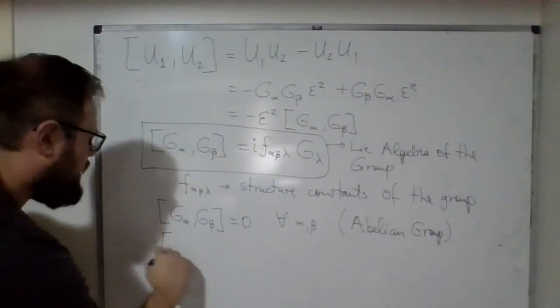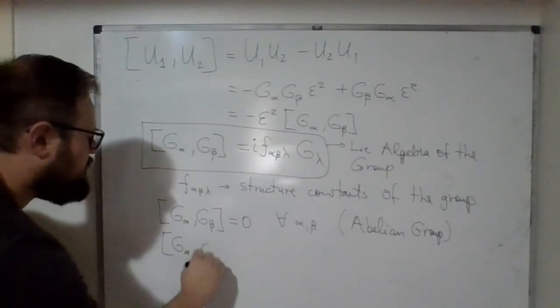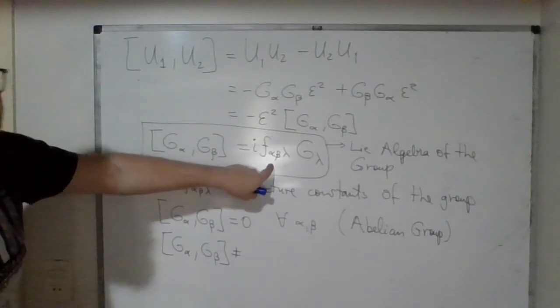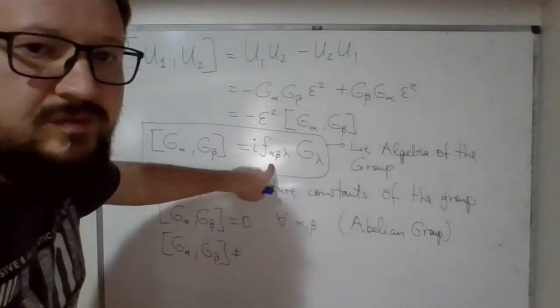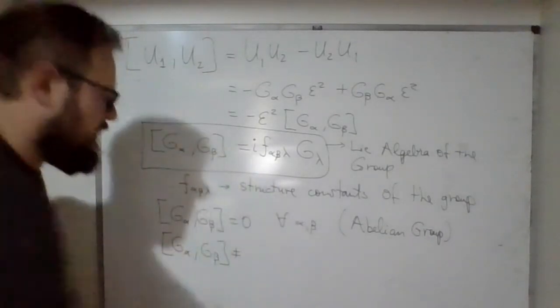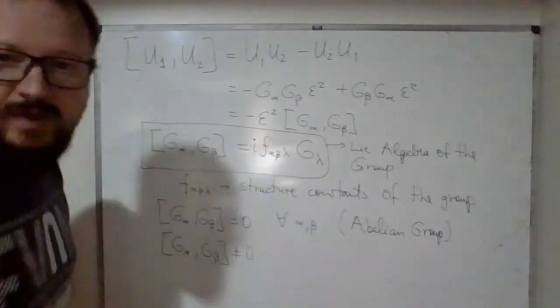But otherwise, if they do not commute, they have structure constants which are non-vanishing for some alpha, beta, and lambda. Okay, some of them may be zero, but not all.